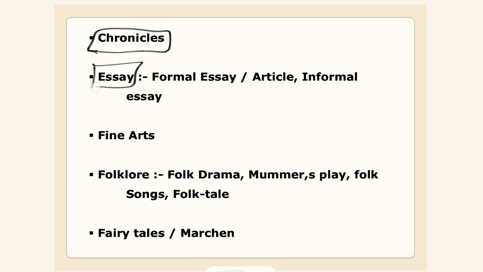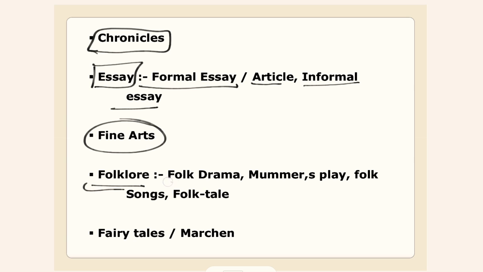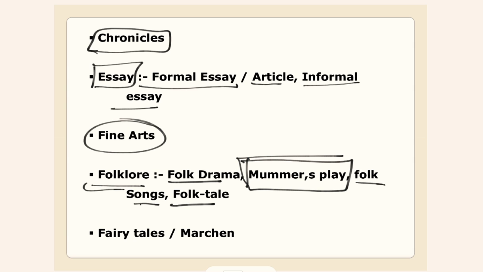An essay, we have different types: formal essay, like articles. Another one is informal essay. Then fine arts. Then folklore, like folk drama, mummers' plays. Please remember this term, mummers' play, folk songs, folk tale. Next, fairy tales and Märchen.